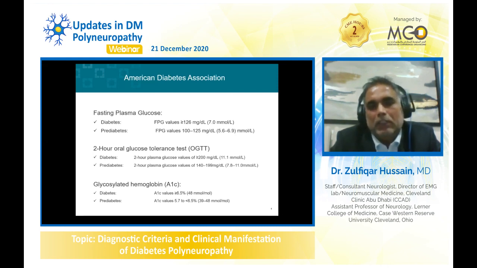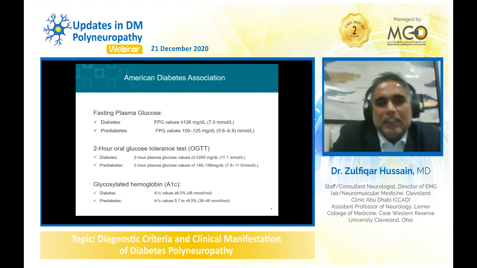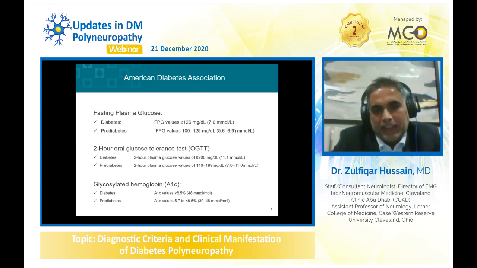Even if we include the pre-diabetic condition of elevated plasma glucose, there are estimates that about 1 billion people in the world have pre-diabetes, and 1 in 3 people in the United States are pre-diabetic.